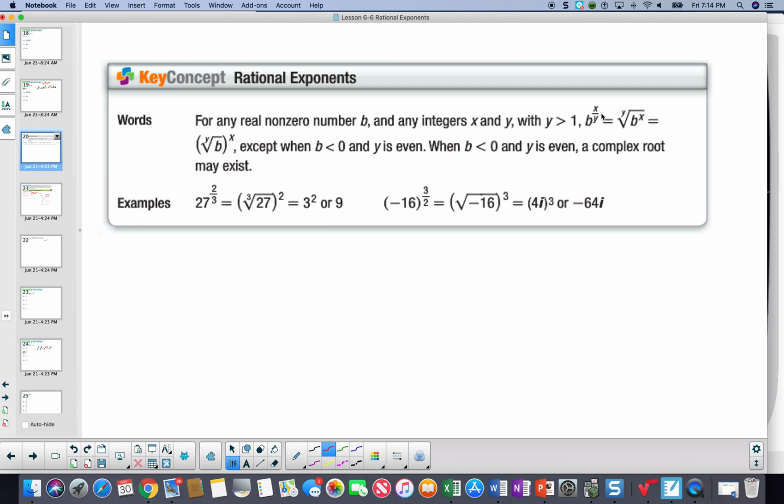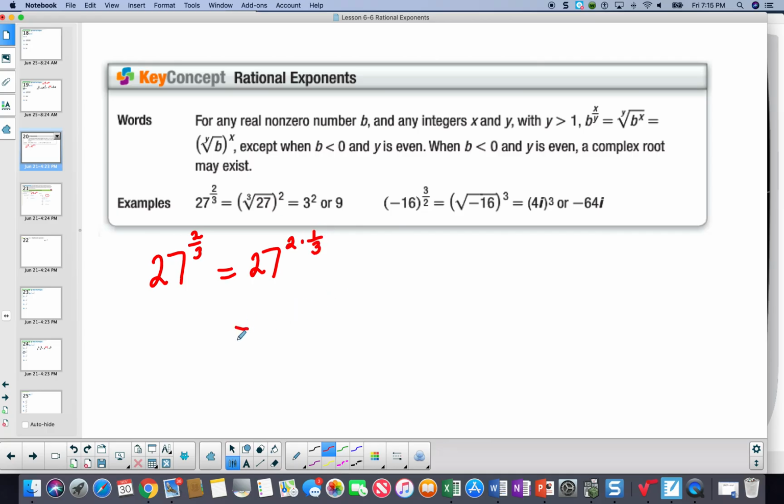And so exponents that are not just simple like 1 over 3 or 1 over 2, but x over y. And when you do that, what we can do is we can write this expression in two ways. So let me go ahead and take a look at a number right here, like 27. 27 to the 2/3 power is the same thing as 27 to the 2 times 1/3.